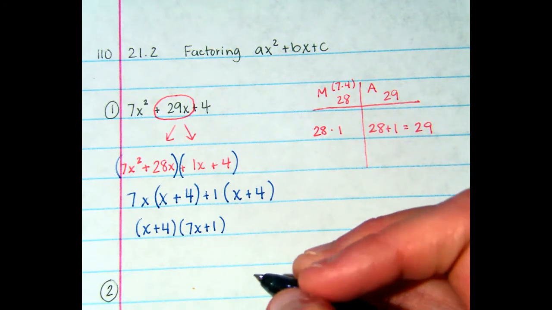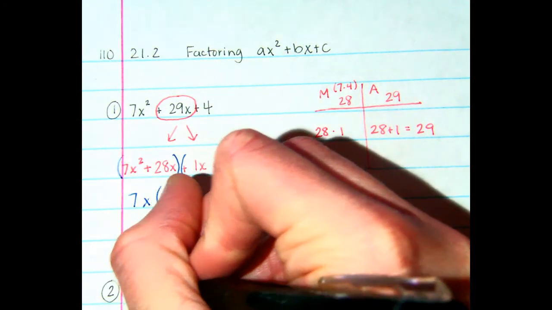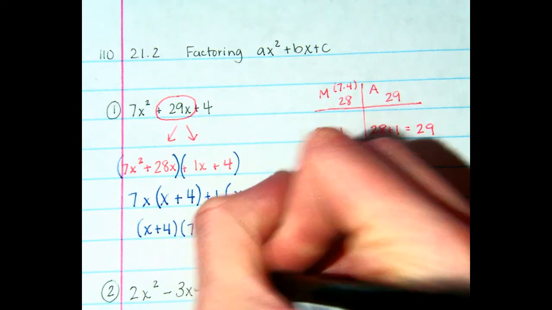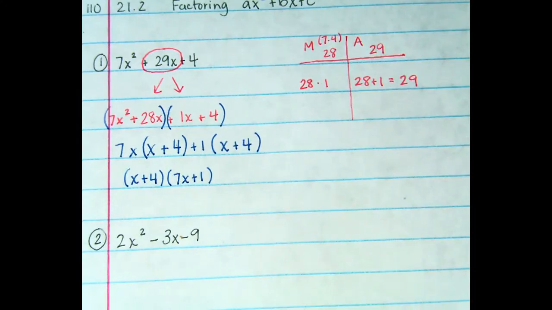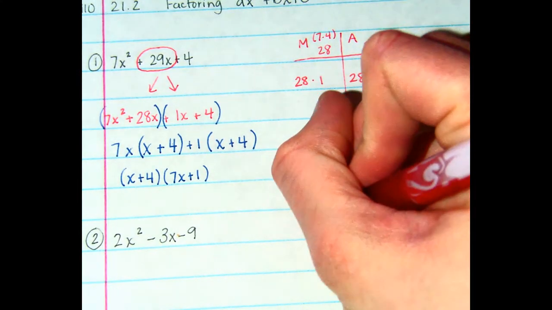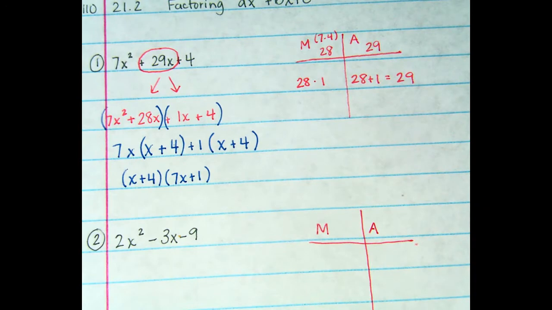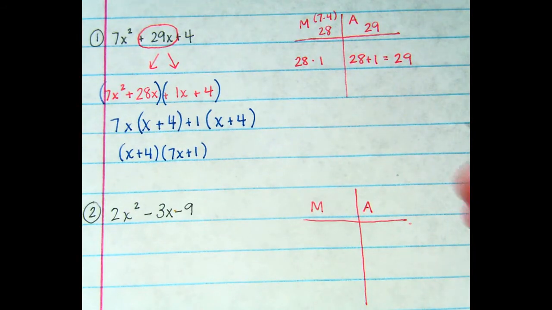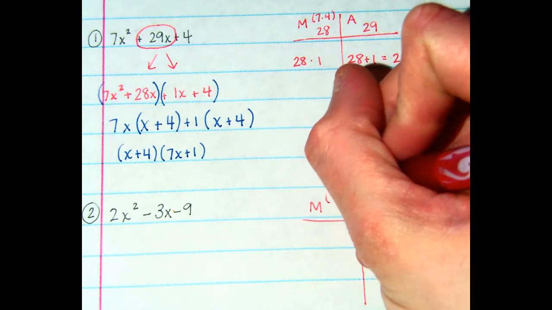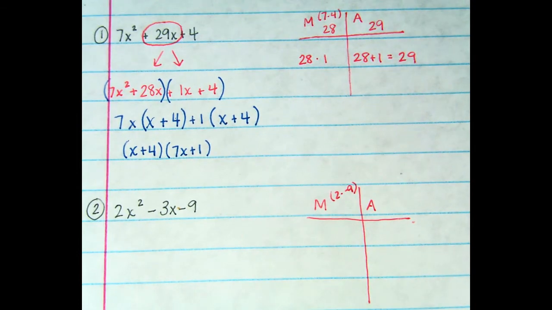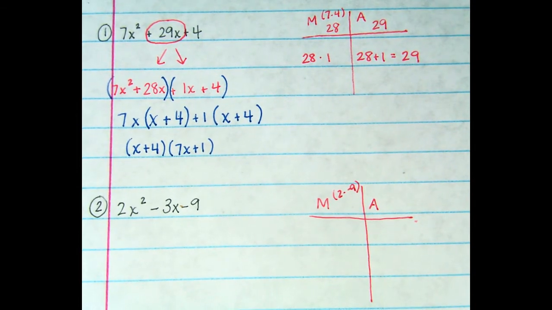I want you to try number 2 on your own. I'm going to walk around, help you out. Just to make sure you get on the right foot, you're trying to multiply to get what number?